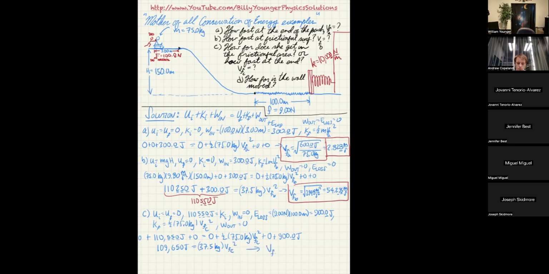So V final C squared is 109,650 divided by 37.5, which gives me 2924.